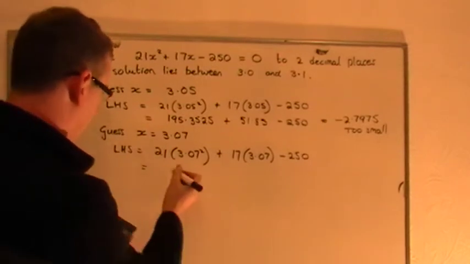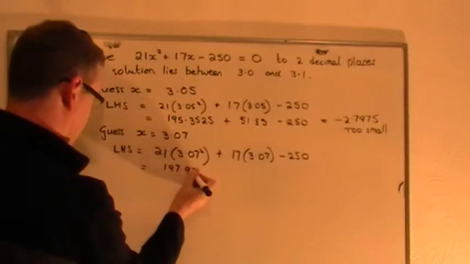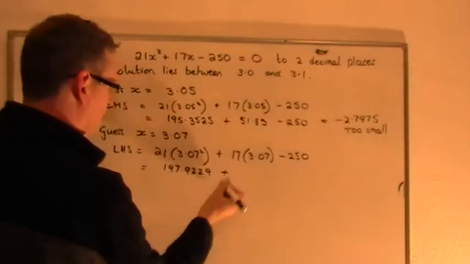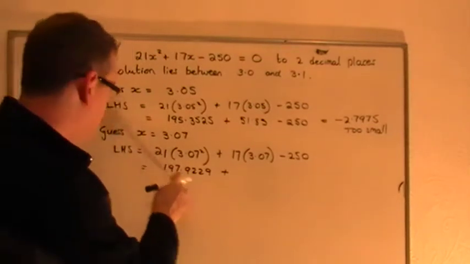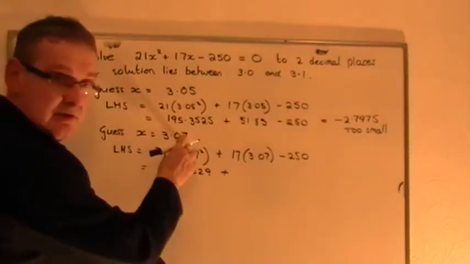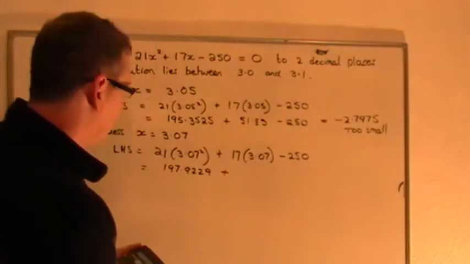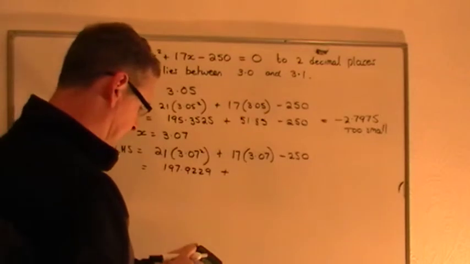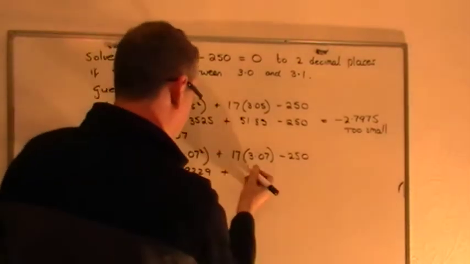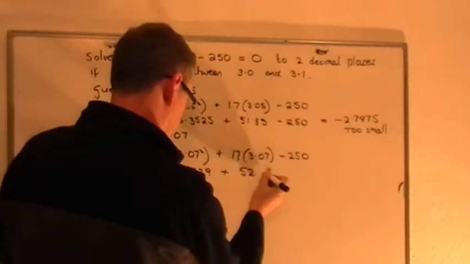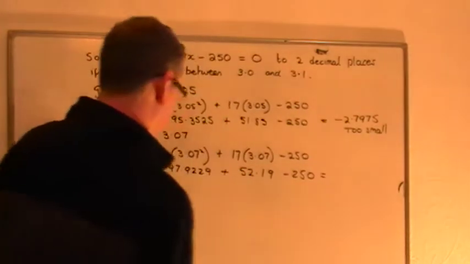That's 197.9229 plus, actually I'm not bothered by how many decimals are right here, it's the guesses that should be to 2 decimals if you're looking for an answer of 2 decimals, plus 17 times 3.07, that's 52.19, take away 250.